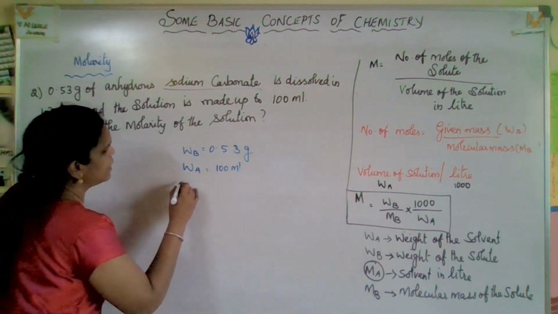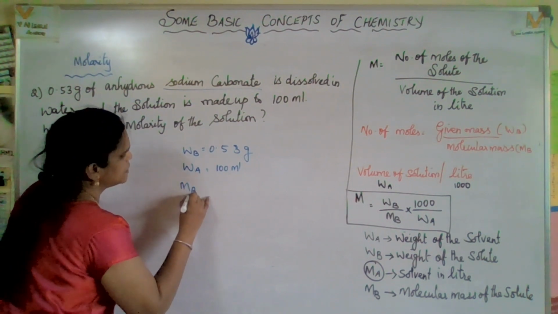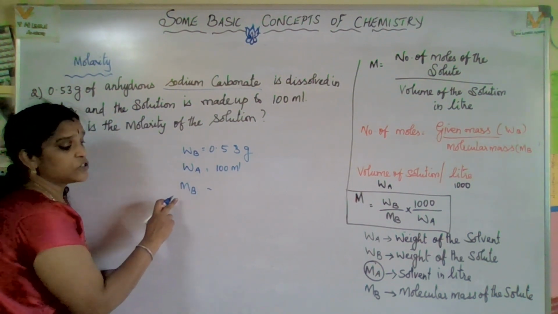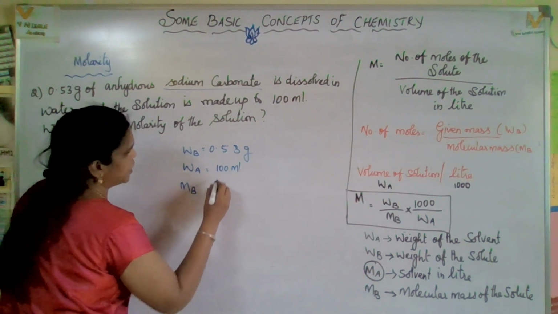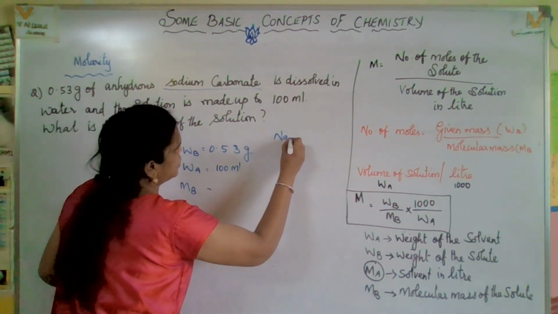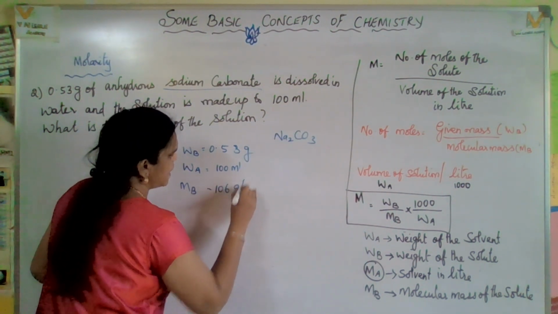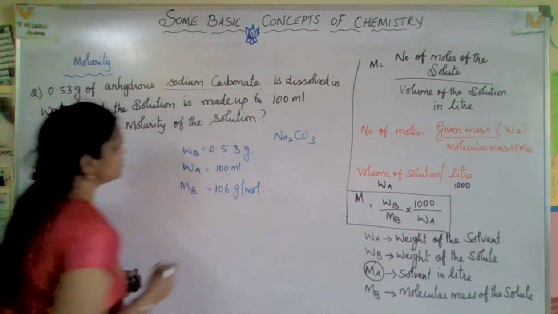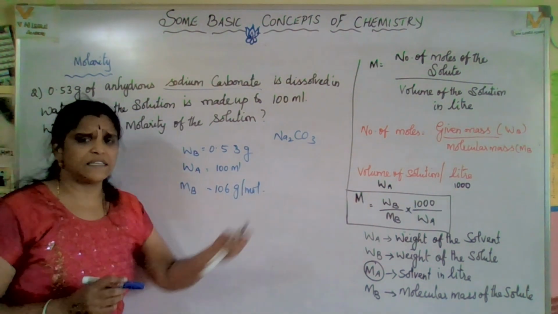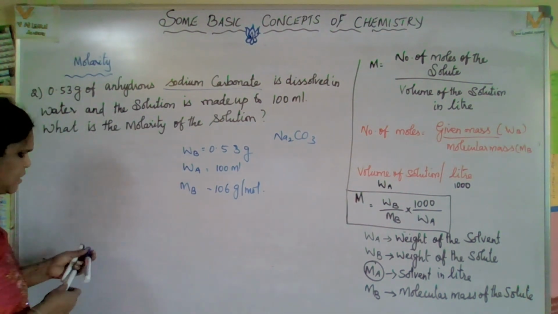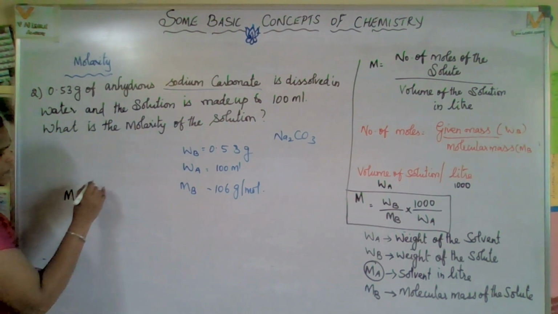Sodium carbonate. Sodium carbonate molecular mass is MB, no? MB is the molecular mass of the solute, Na2CO3, 106 gram per mole. Now the volume in liter, it is 1000 ml only, right? Okay, now let us solve this: capital M equals what?